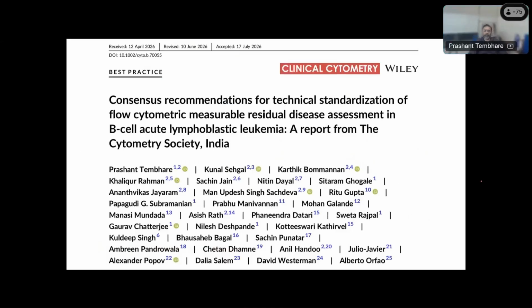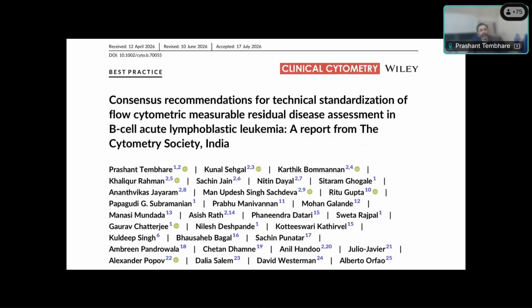And this was the paper, recently published in Cytometry. It was developed with the help of almost all major centers from India, as well as a few international experts as part of this guideline.